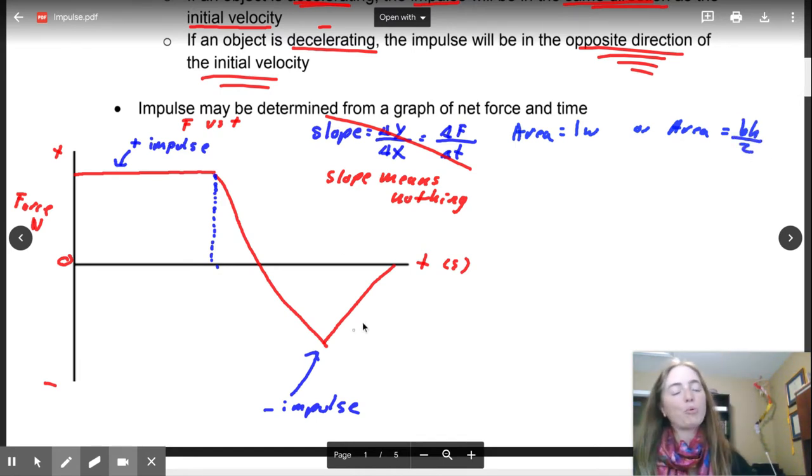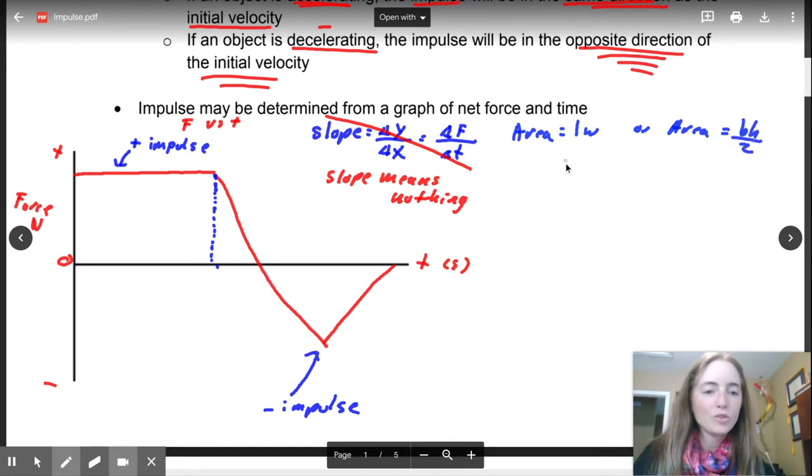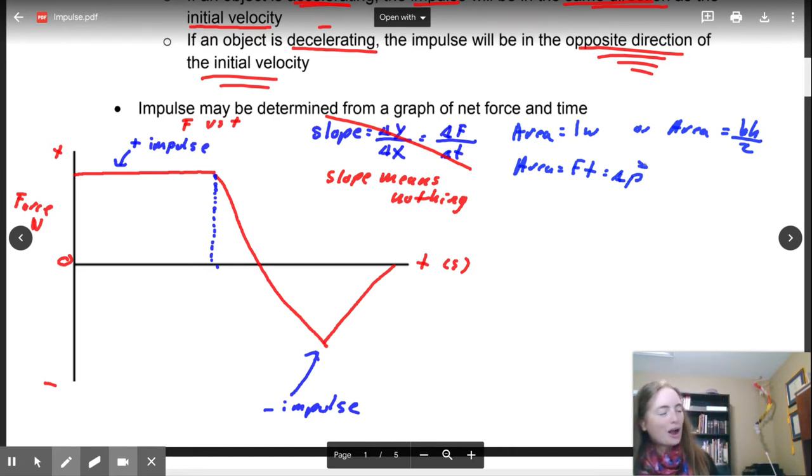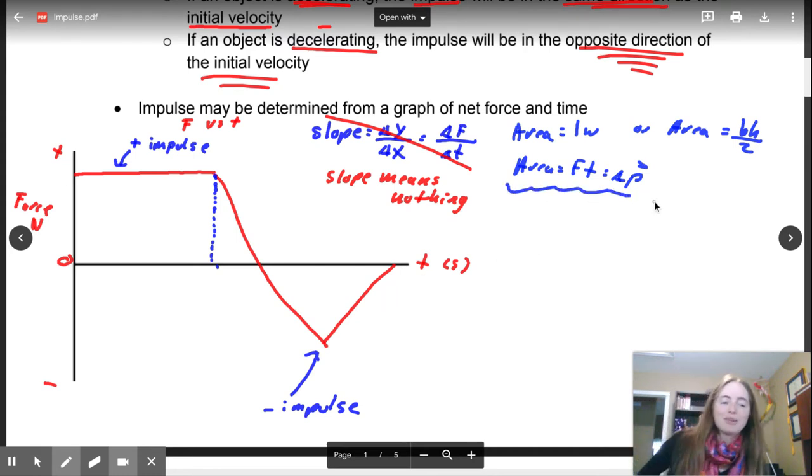Looking at this one here, length times width would be this force times this time. Area is going to equal force times time, which, ladies and gentlemen, equals your impulse. So our area equals impulse. That is going to be something that comes up.